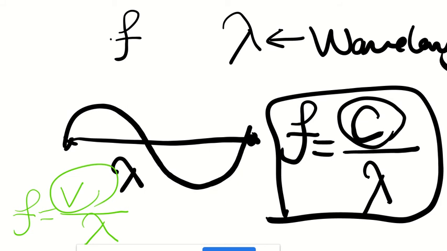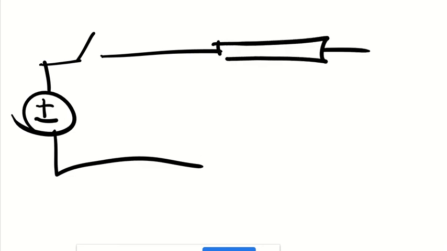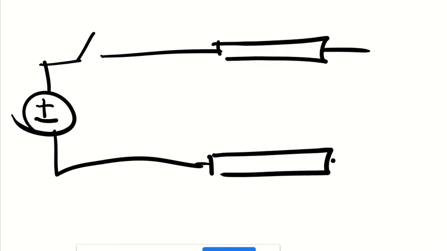So in EM, everything scales with frequency. For example, going back to the example I started, the Morse code, I have a switch here and a switch here, and I said I have two transmission lines here and here, right?